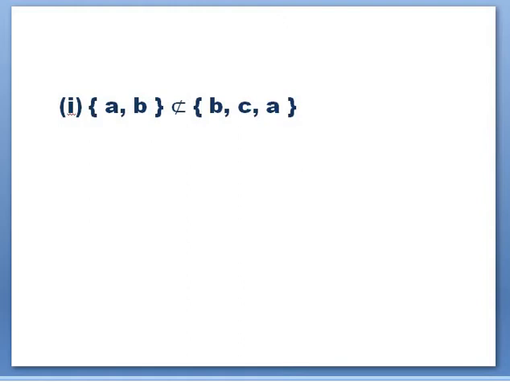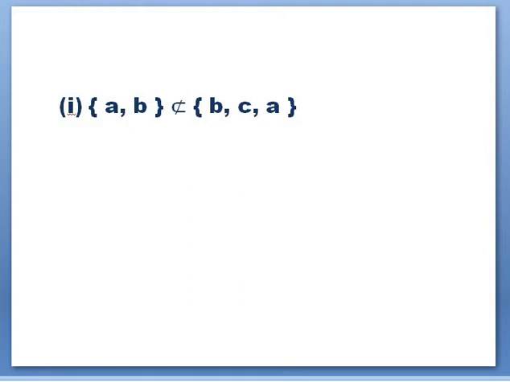Now, from the definition of a subset, we can see that the elements of the first set A, B are also the elements of the second set. But see, their positions are different. And if you remember the definition of a set, position is not important in a set.